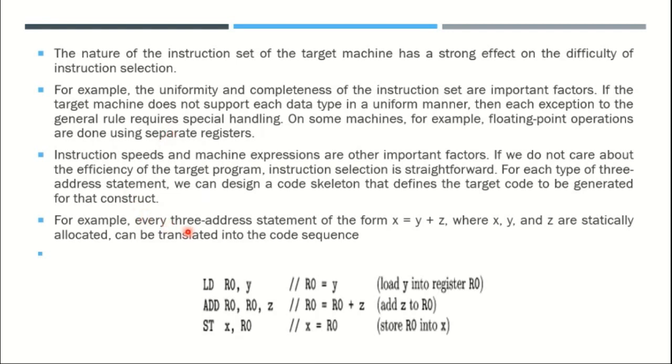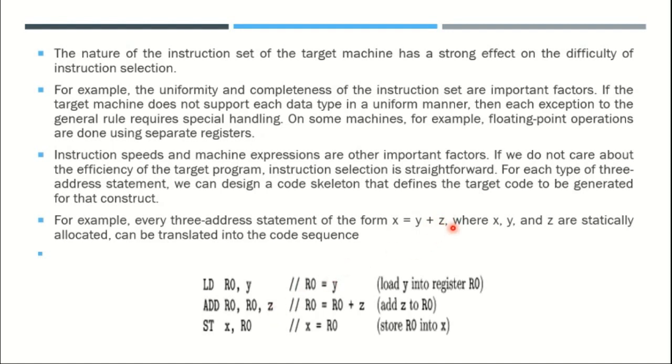For example, consider the 3 address code statement x equals y plus z. Here x, y and z are statically allocated, that means those variables are allocated at compilation time. Now we observe how to translate this 3 address statement into a target code sequence. First we load the y value into register R0, and then perform addition with the z value.